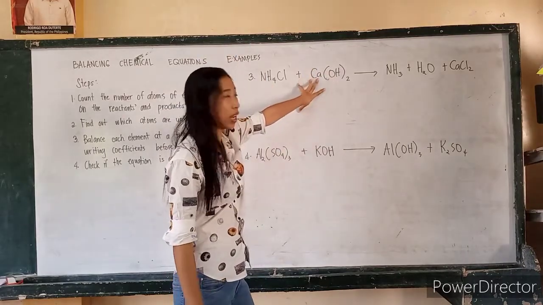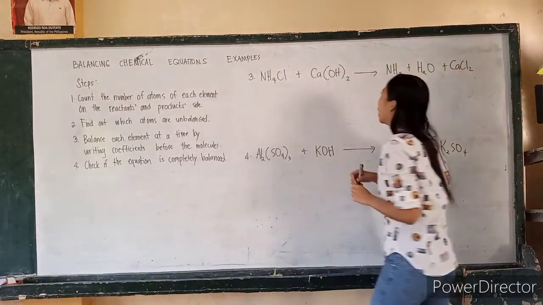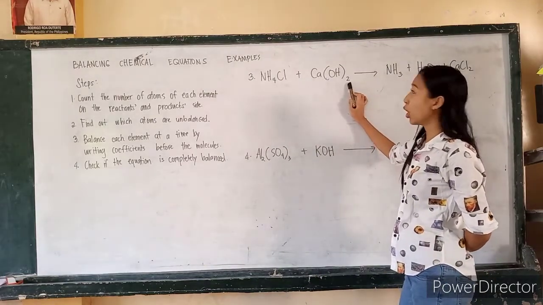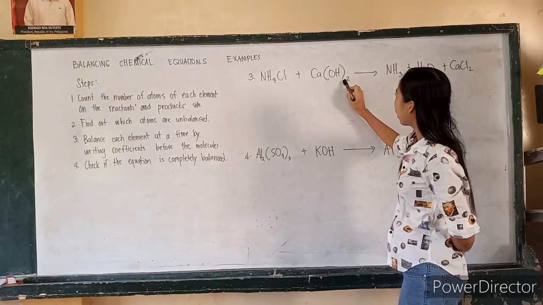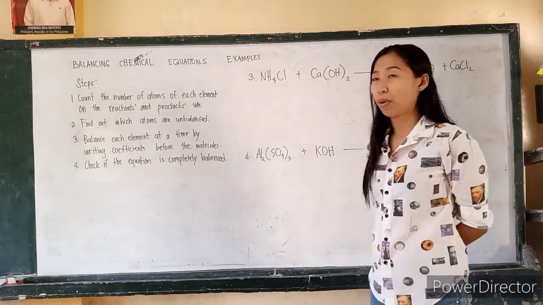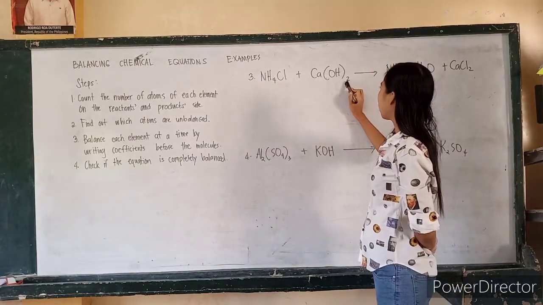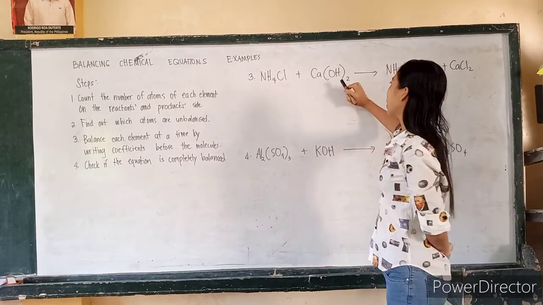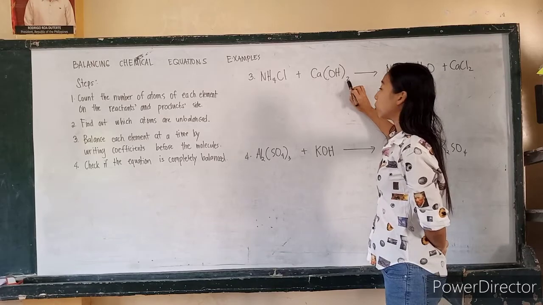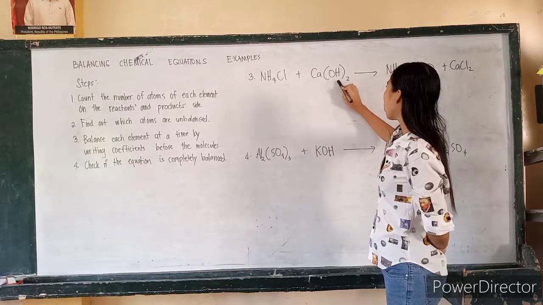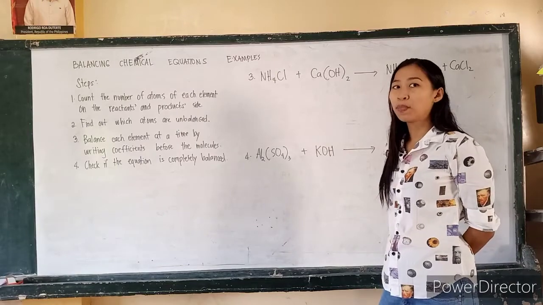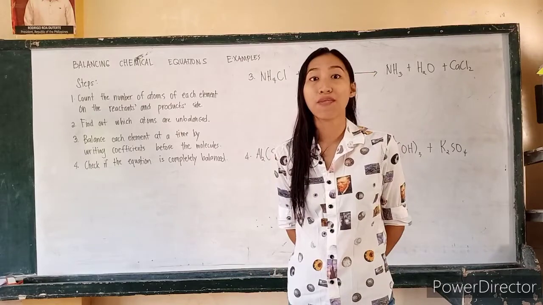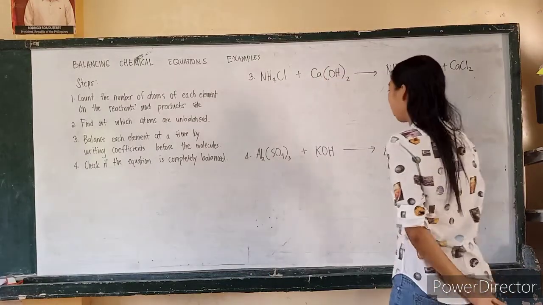So, sa molecules nga naay parentheses, always remember lang nga kanang nasa gawas nga coefficient number is i-distribute na siya sa tanan nga naa sa sulod sa imong parentheses, pero dili nimo ni i-distribute sa nasa gawas sa parentheses. Again, pag may parentheses, imong i-distribute ang number nga nasa gawas sa naa sa sulod. So later on, pag kwenta nato sa imong number of atoms, makita nato ang effect sa parentheses.